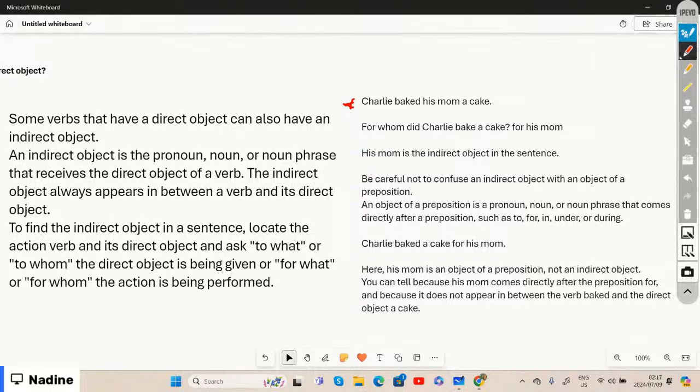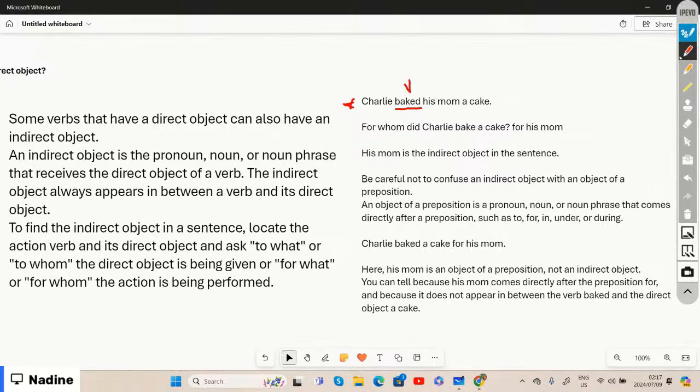Remember in our direct object, we said Charlie baked a cake, right? So we had to ask ourselves, what did Charlie bake? And we said it was a cake. And a cake was our direct object. But now we're saying Charlie baked his mom a cake. So baked is our verb.